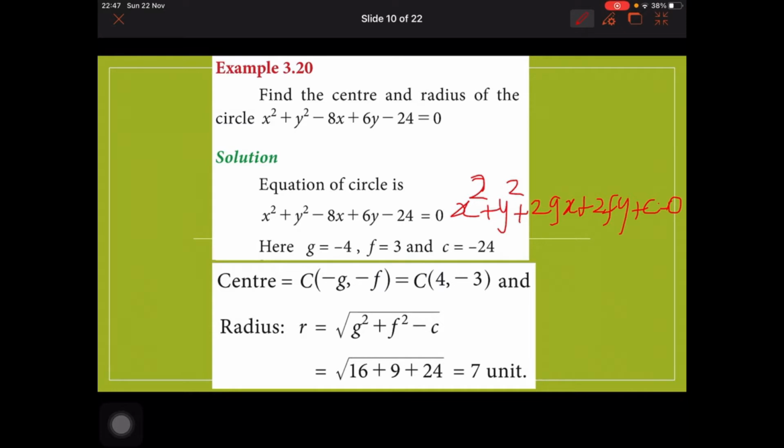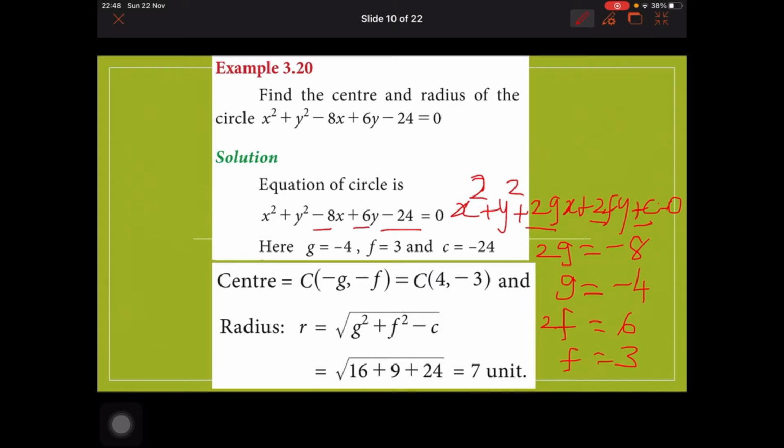You can compare both the equations. So, 2g is equal to minus 8, 2f is equal to 6 and c is equal to minus 24. If 2g is equal to minus 8, g is equal to minus 4. If 2f is equal to 6, f is equal to 3. And c is minus 24.